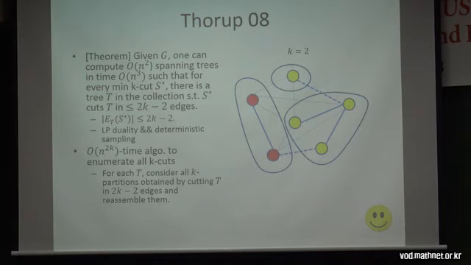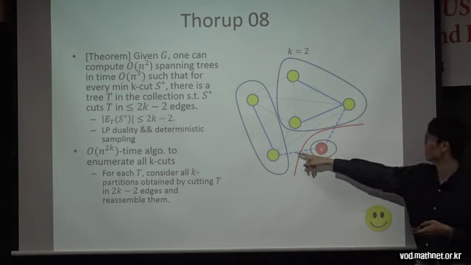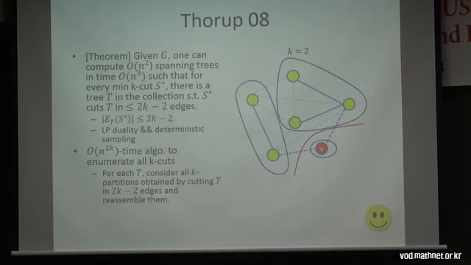In this case, none of them is a min cut. But we know that if this is a min cut, then if you delete these 2 tree edges, we're going to get the min cut. Okay, so this was the idea. So given the theorem as a black box, there's an easy n to the 2k algorithm to enumerate all k cuts, which also gives us the bound on the number of k cuts.